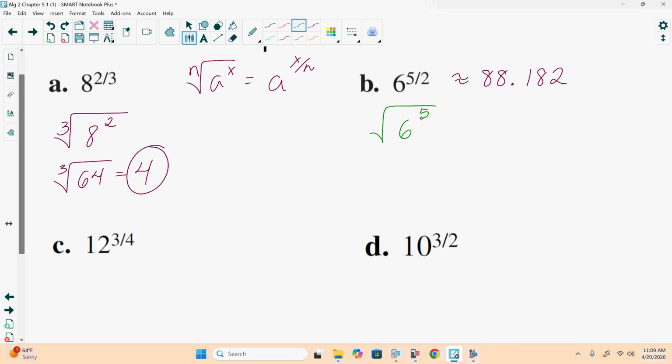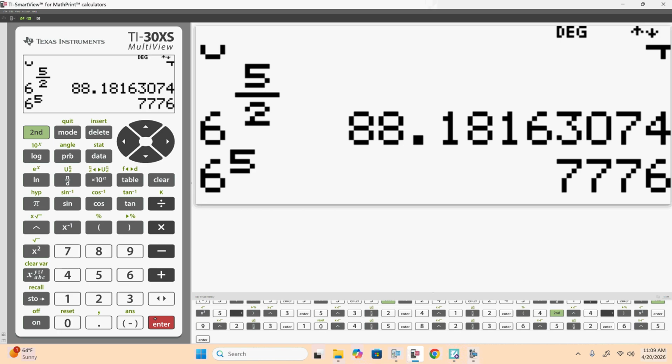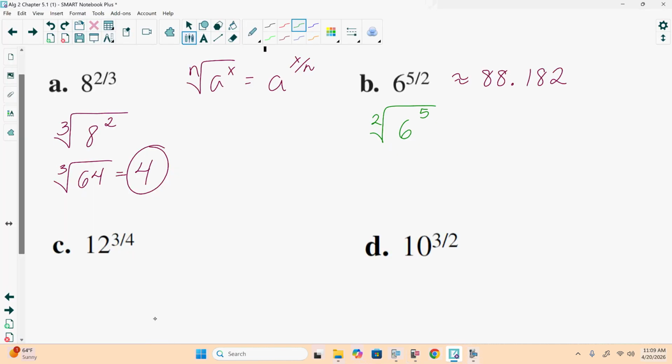The index is the number on bottom, which is 2. We don't have to write that 2, but really we're looking at the square root of 6 to the 5th. Fortunately, I don't know what 6 to the 5th is off the top of my head. 7,776. So we're taking the square root of this here, which would be 88.182. Questions on this here?